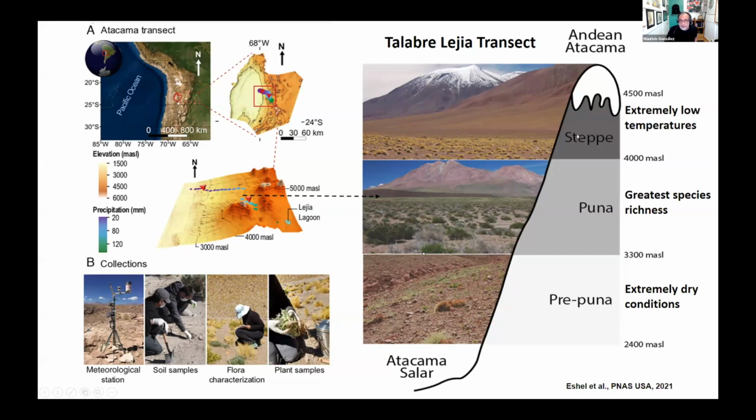In the upper limit is the steppe, in the middle part is puna, and in the lower part is pre-puna, which contain different plant species. In particular, 72 plant species were identified, including their soil coverage, to assess plant diversity. This is a nice work that was carried out over the last 10 years by Professor Francisca Díaz, Claudio Latorre, and Rodrigo Gutiérrez.